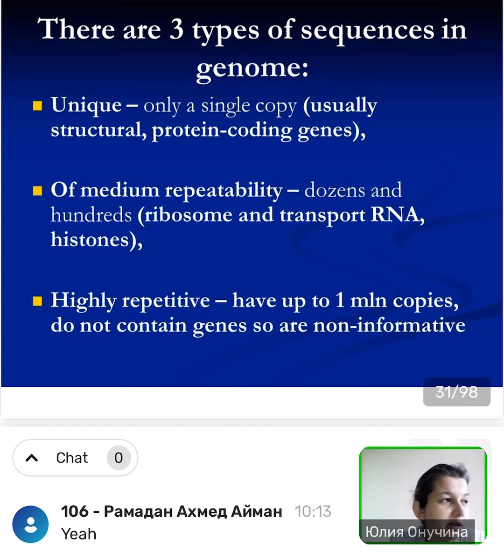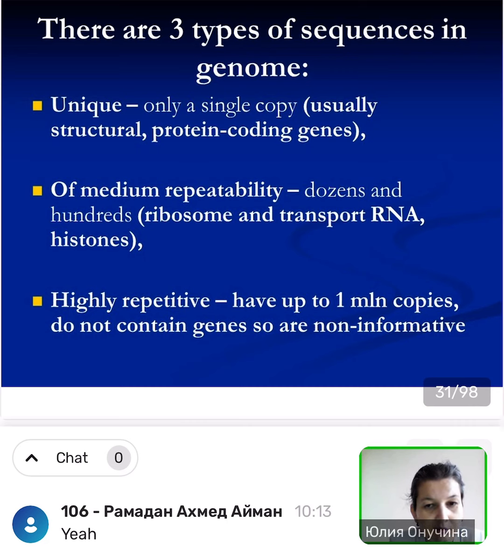Unique sequences contain information about our proteins, and they are not big copies, about from 1 to 10 copies, and it will be only 20-30 percent of our genome.